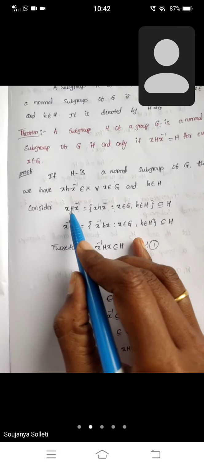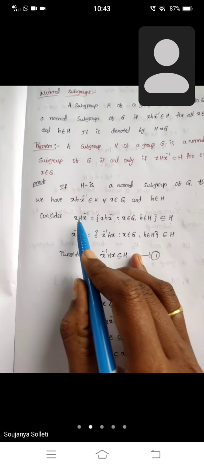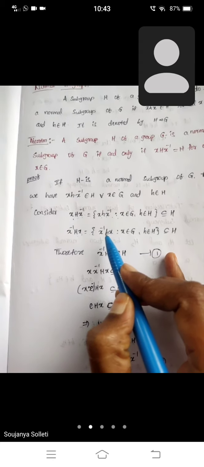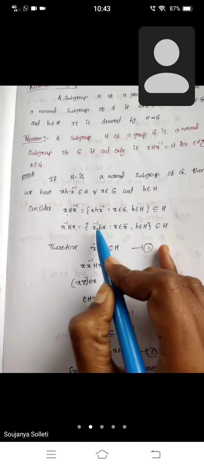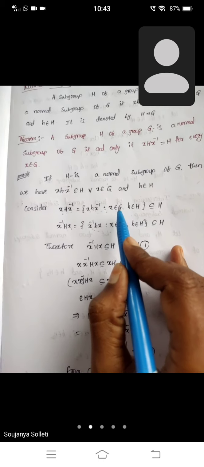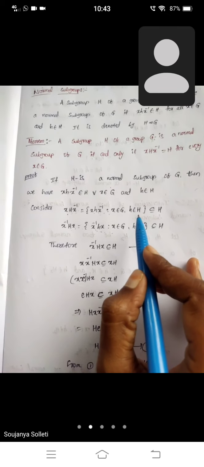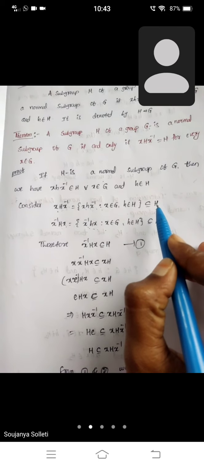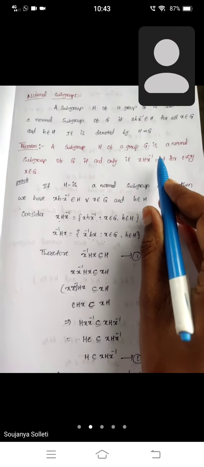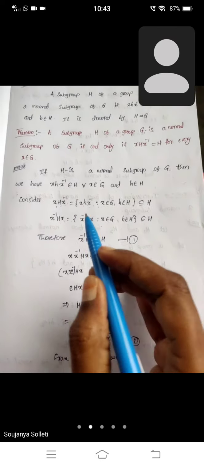Okay, in a similar process, we also take x inverse h x. Then as per the definition we can change x to x inverse, h common, x inverse changes to x, for all x belonging to G and h belonging to H. Both are subsets of H, because given that x H x inverse equals H, that's why both our conditions are subsets of H. Therefore we can assume any one condition.